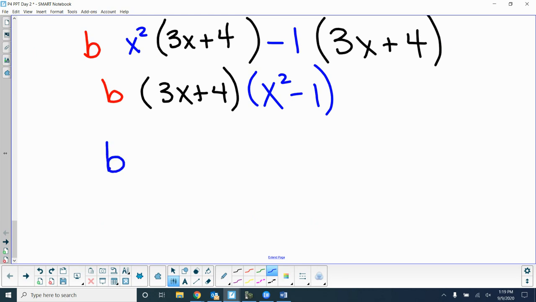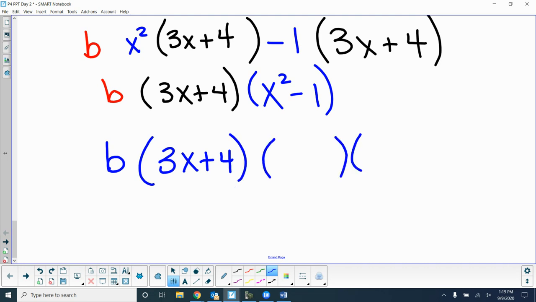So we got our B, we got our 3x plus 4, and then that's a difference of squares, so I gotta break it down. So it's like a factor tree we're doing. Tasha, what goes in the front? Square root of that. Good.